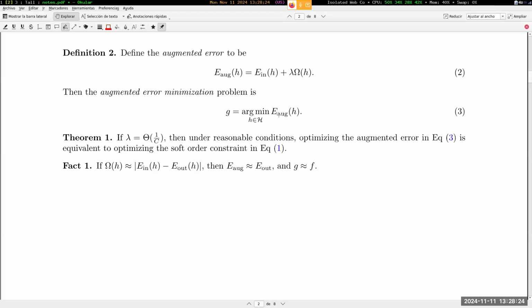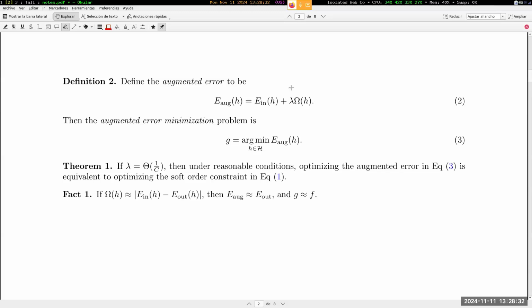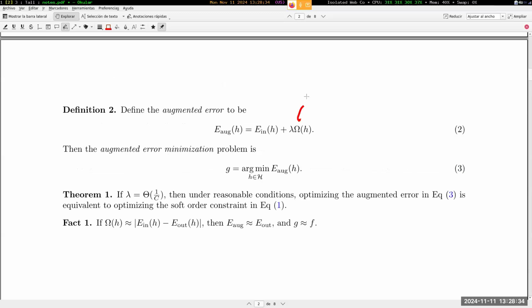This E aug is what we are optimizing, and E aug is the sum of E in plus lambda times this omega H. This omega right here is the same omega from the previous page. But this lambda is not something that was on the previous page, so this is something new to us.